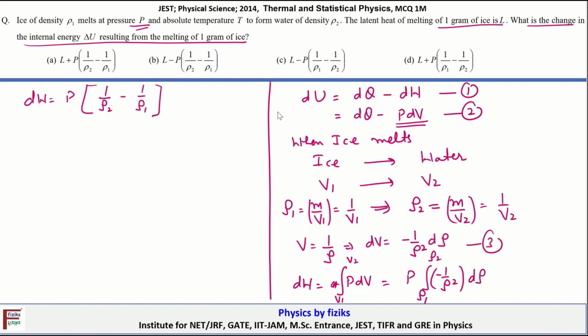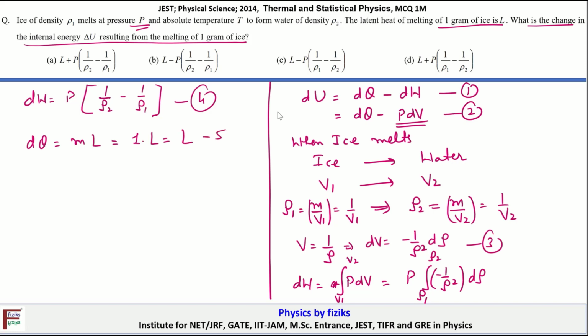Let's call this equation 4, substitute back into equation 2. But we haven't yet calculated dQ, so dQ is equal to m into L, the latent heat of fusion of ice. So that is equal to 1 into L, that's nothing but L.